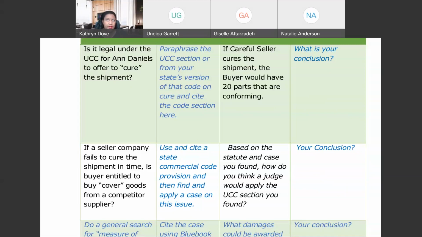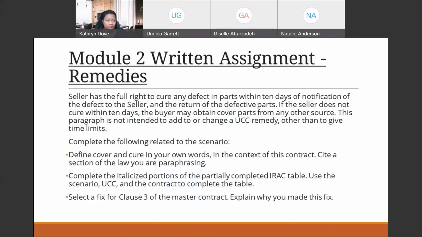You bet. Now, the first part, you will need to use your flexibility. Let me go back to the assignment. One of the great things in life and in law is that there's not always one hard and fast way to do things, but there's a flexibility. So notice the first question is simply to define cover and cure.